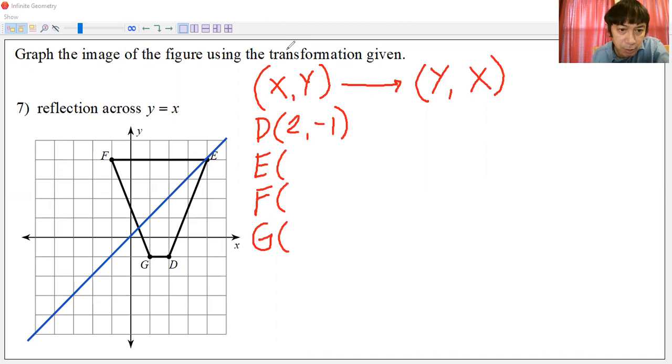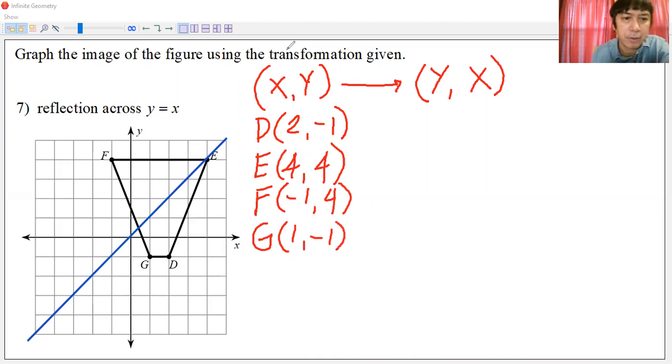Our E is at the first quadrant located at 4, 4. Our point F, that's -1, 4. There. Our point G, that's at the fourth quadrant, it's 1, -1. All right, there.